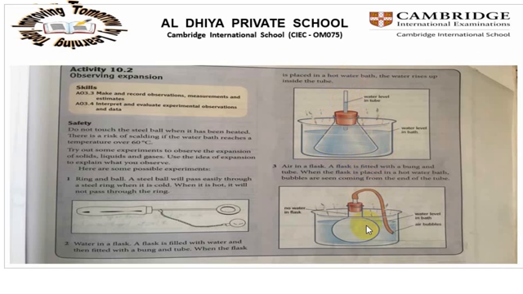What about the third one? This is a flask containing air only and fitted with a bung and a tube. When it is placed in a hot water bath, bubbles will come from the end of the tube. This is because of the expansion of the gas, of the air.